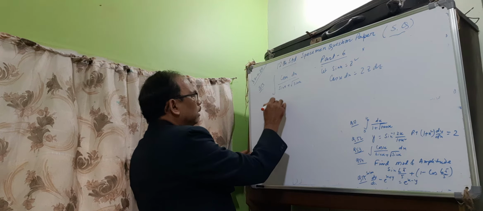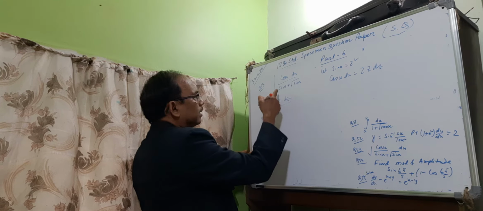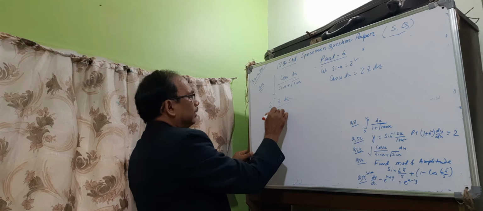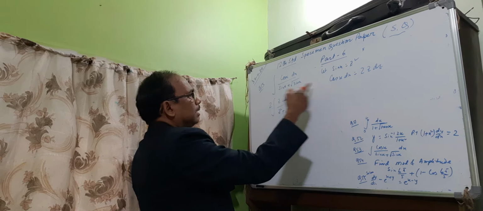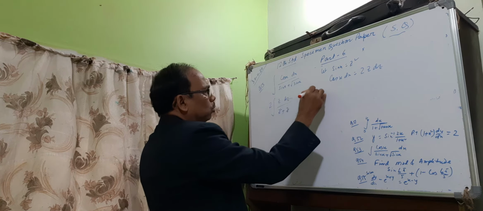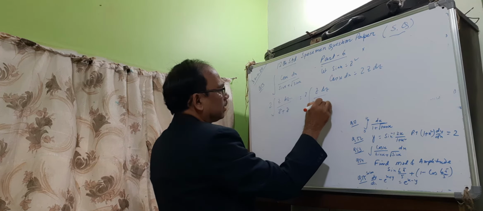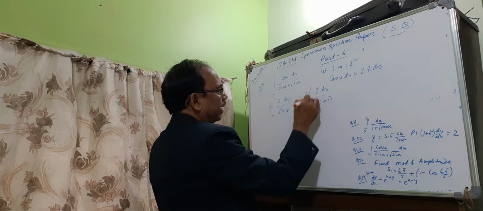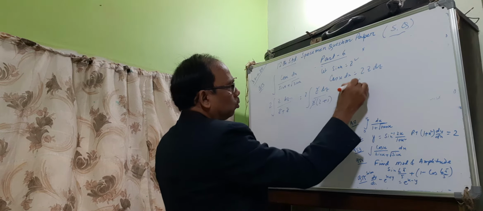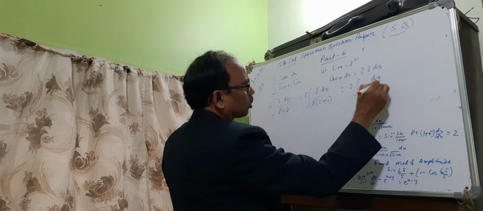Put it here, 2 is outside, z dz. Sin x is z square, so z square plus root over sin x, which is z. That is 2z dz, where z is common: z times z plus 1. Z cancels, so that is 2 dz by z plus 1.